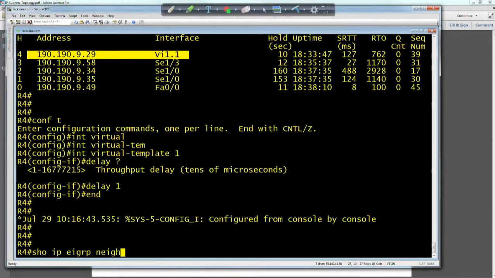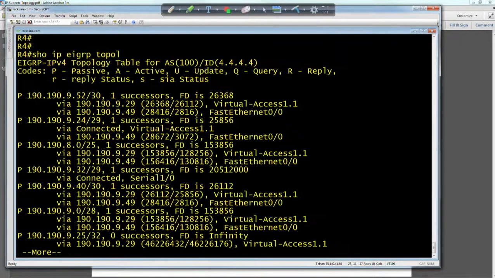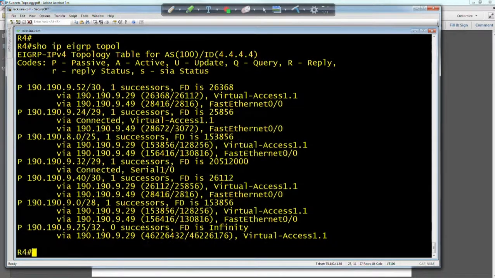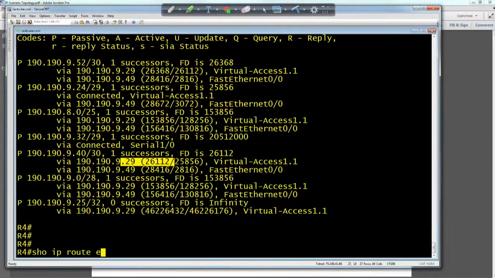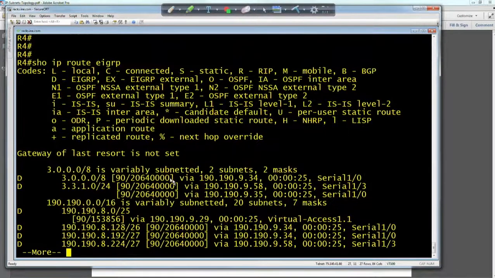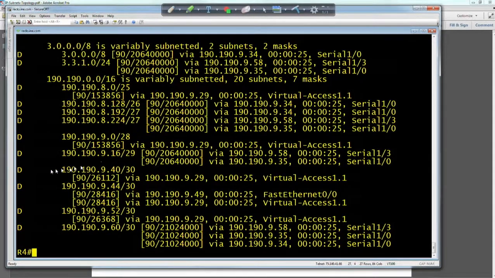Okay, what did that do for us? Oh, look at that. That worked. See? Now our virtual access interface is the preferred interface to get to that network. Show IP route EIGRP. And there we go.